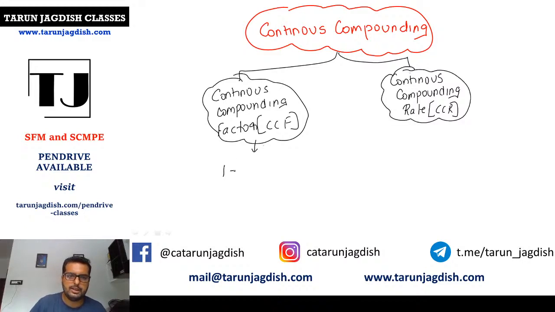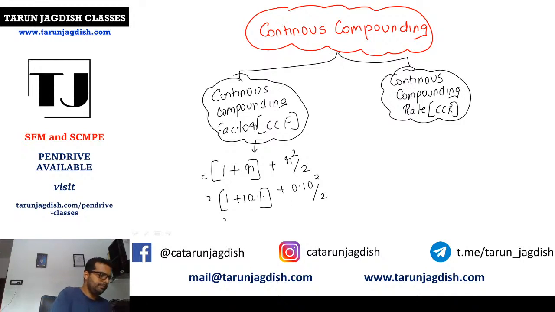So the shortcut formula which we have to learn is 1 plus R plus R square divided by 2. That is 1 plus 10% plus 0.10 square divided by 2. If you do this, you will get the answer as 1.105.